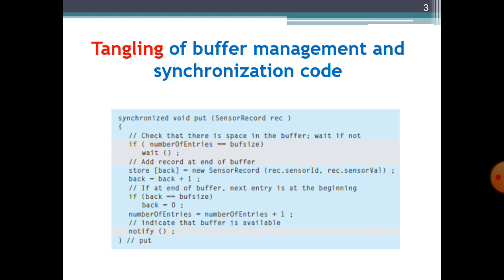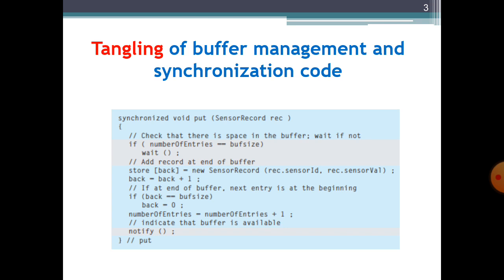So what actually are these two situations? Students, tangling normally occurs when a module in a system includes code which implements different system requirements. As you can see in this example, we are going to discuss tangling for buffer management and synchronization code. This is a simplified implementation of code for a bounded buffer system, which is illustrated in this code, and our main concern code is the gray shaded area.